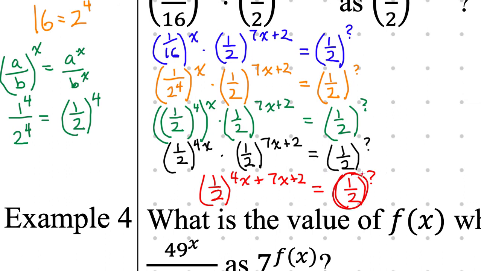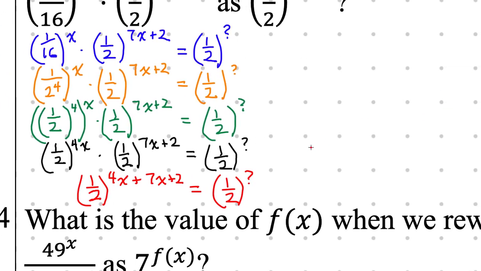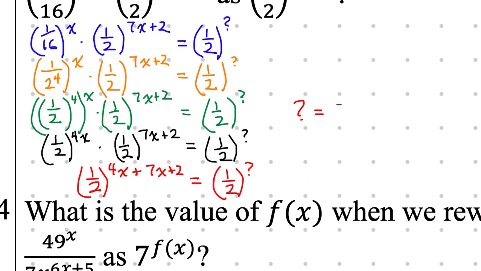I have the same 1/2, 1/2, which means in order for this equal sign to still be true, these exponents here and here must be the same, which means that question mark is equal to 4x plus 7x plus 2. And I'm going to go ahead and simplify that. So our question mark, which is really f of x in this case, is equal to 4 plus 7 is 11. So 11x plus 2. And there's our final answer.